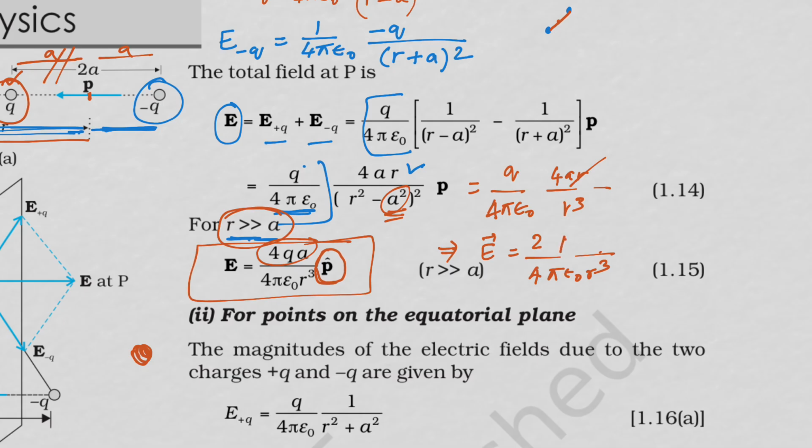So we can write it as P. Alright? So this is the better way to write the electric field due to a dipole on the dipole axis.